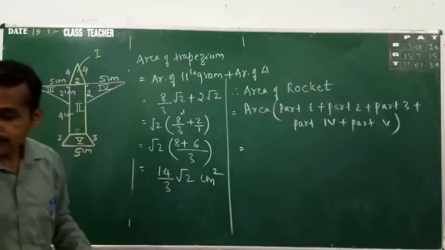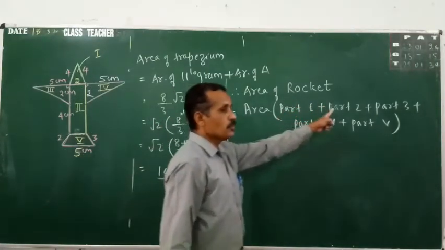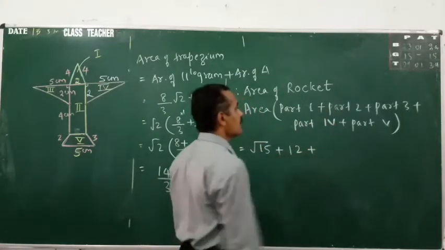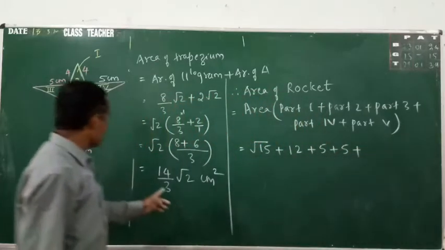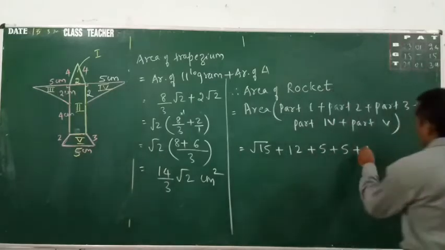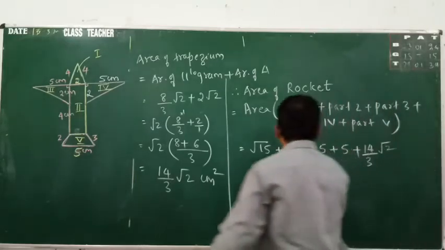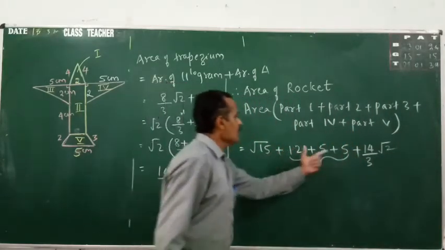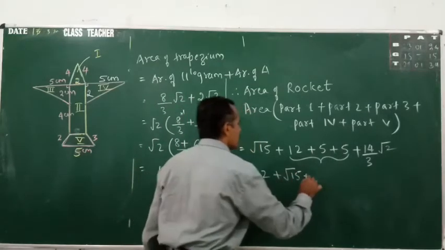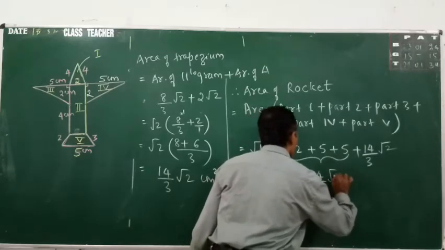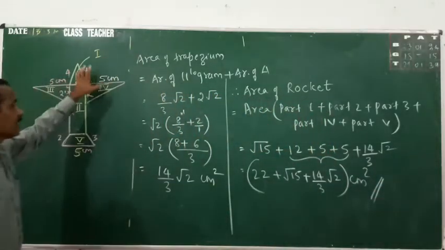Part 1 is root 15, part 2 is 12, part 3 is 5, part 4 is 5, and part 5 is 14 by 3 square root of 2. I can add only this much: 12 plus 10, 22. So 22 plus root 15 plus 14 by 3 root 2 centimeter square is the area of the entire rocket.